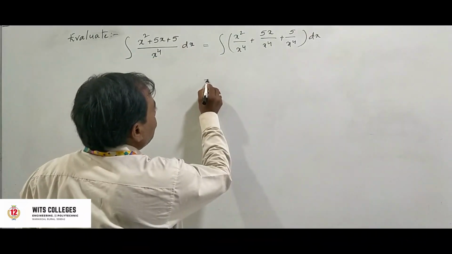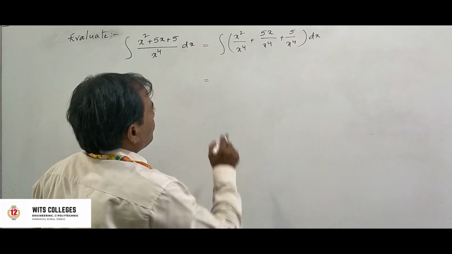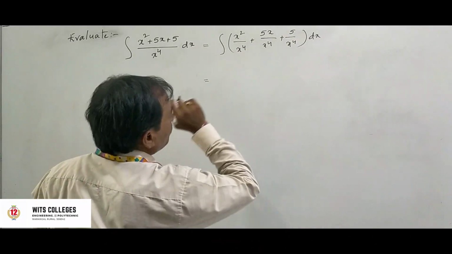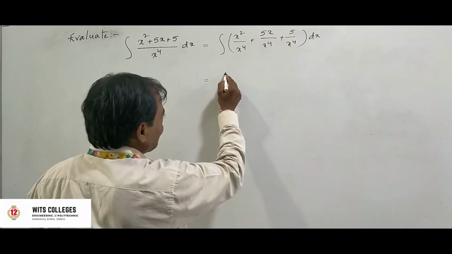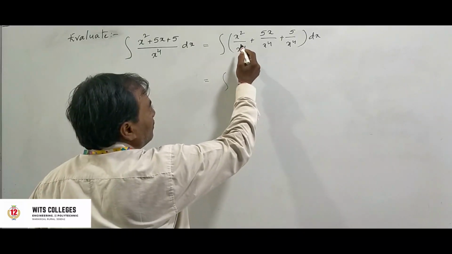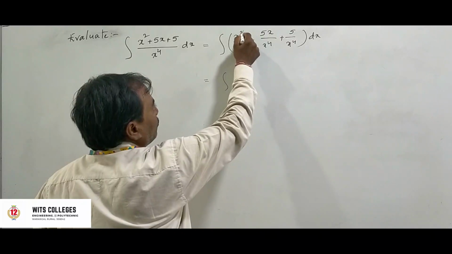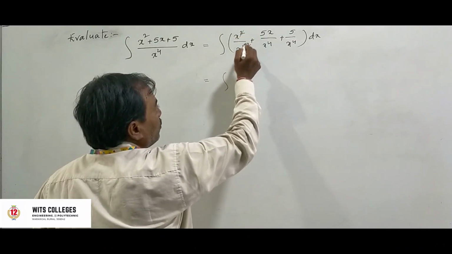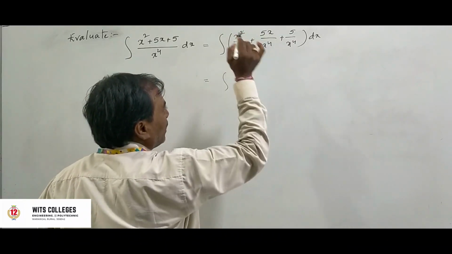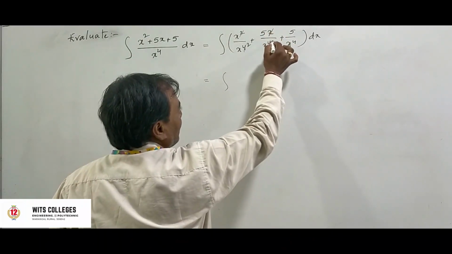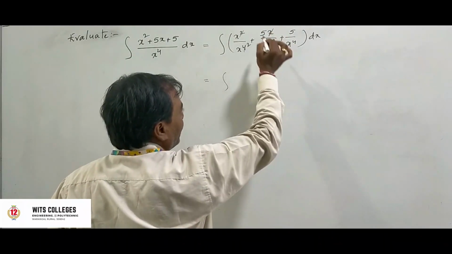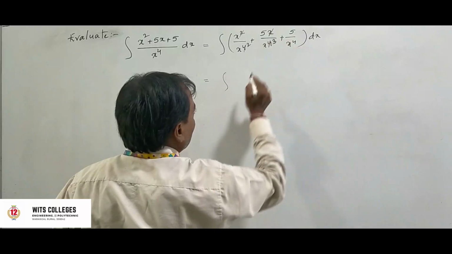So next we have to use the first property. What is the first property? Before going to the next step, we cancel these x terms. So this is x square, this is x power 4. Here x square is cancelled. Here 1x and 1x cancel, we have 5 by x power 3, and this is 5 by x power 4.